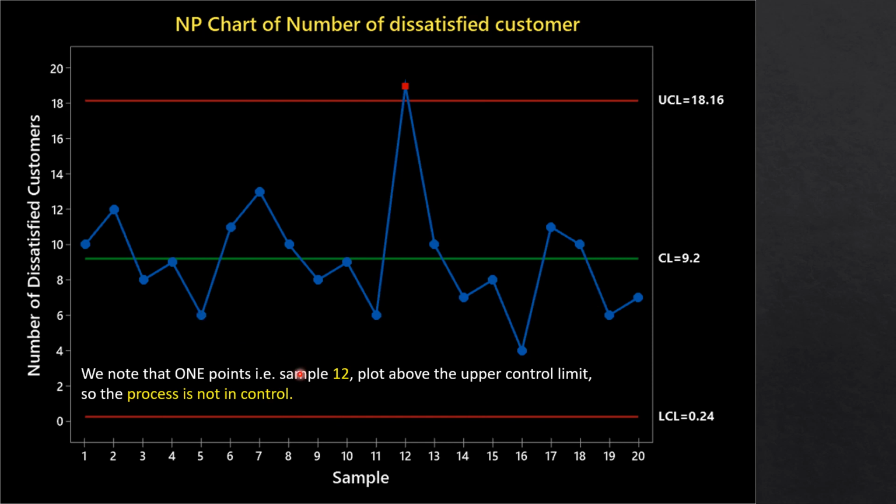And this blue line shows the dissatisfied customer data; we simply plot all 20 sample points on this chart. We note that one point, sample 12, is plotted above the upper control limit, so we can say that the process is not in control.